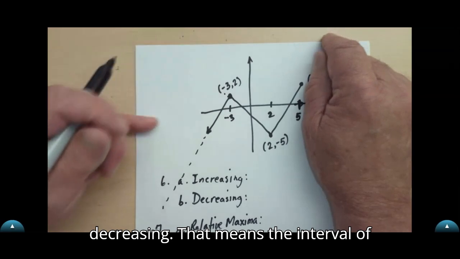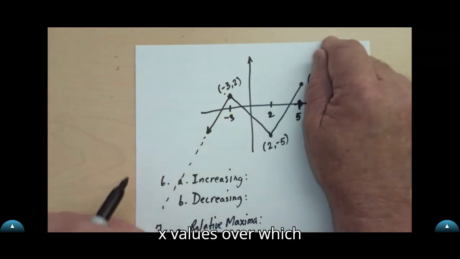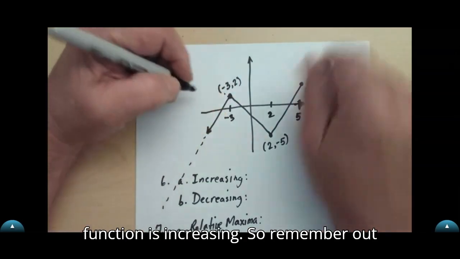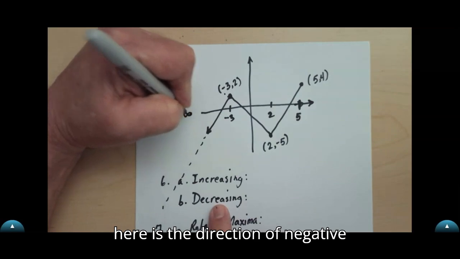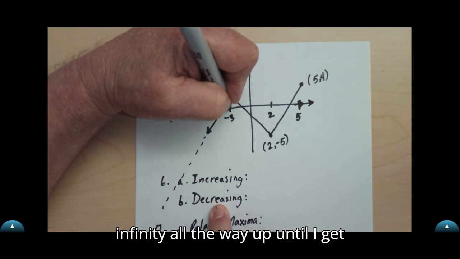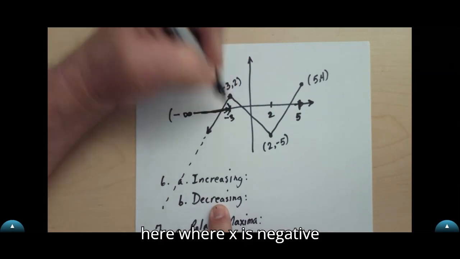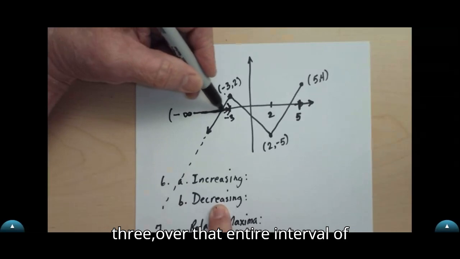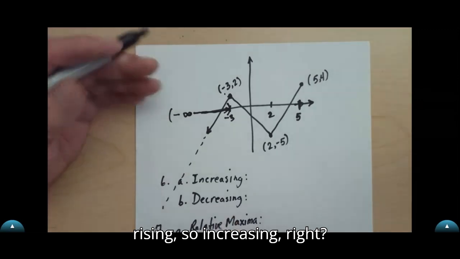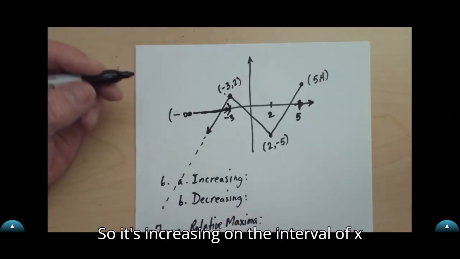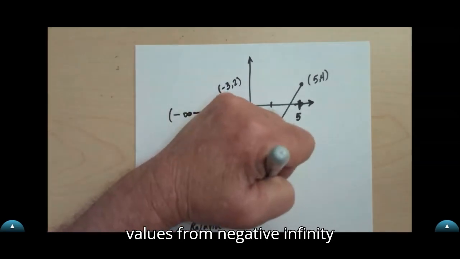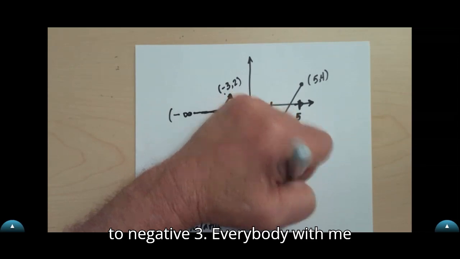That means the interval of x values over which the y value is getting bigger. The function is increasing. So remember, out here is the direction of negative infinity. And from negative infinity all the way up until I get here where x is -3, over that entire interval of x values, we see this function rising. So it's increasing on the interval of x values from negative infinity to -3.